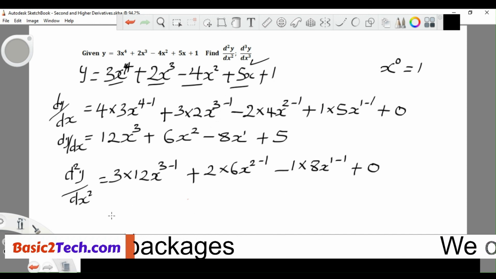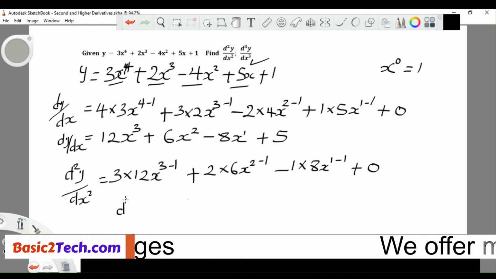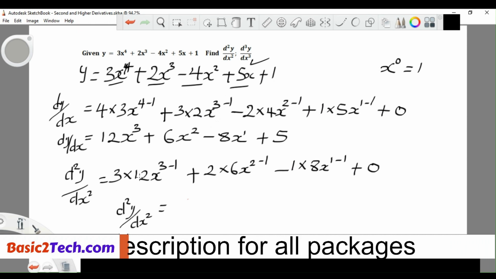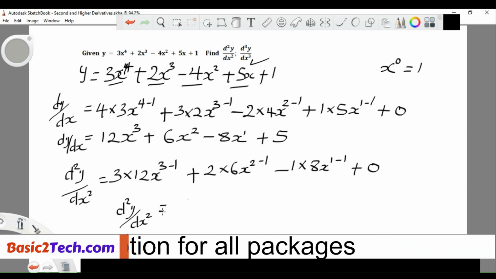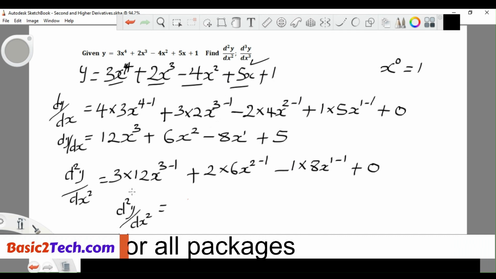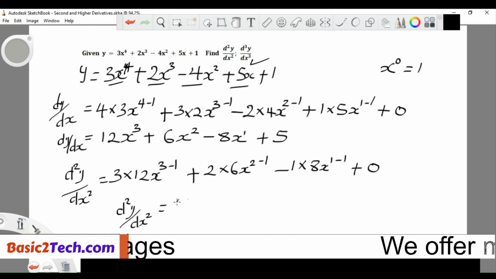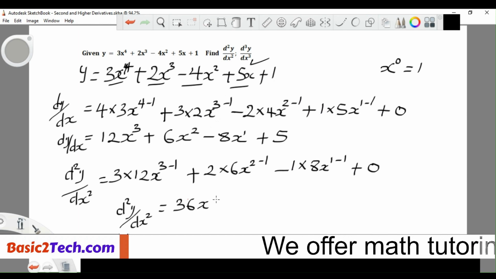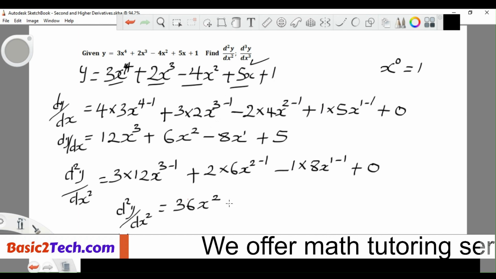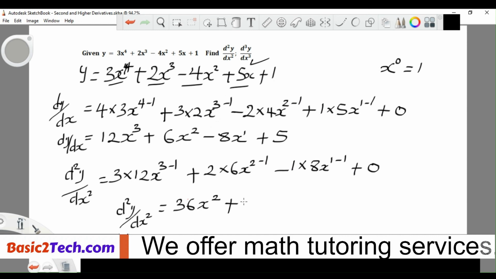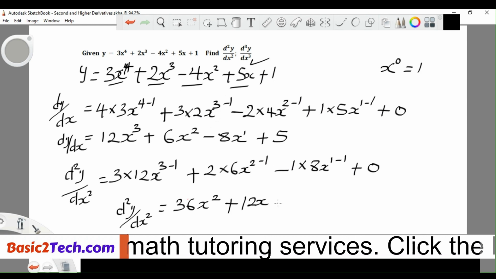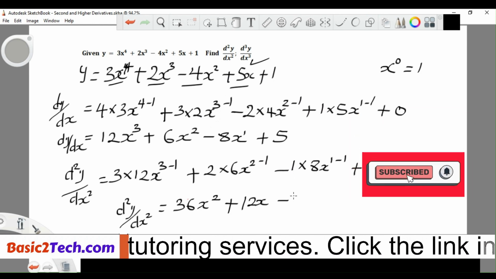So therefore, our differentiation, d squared y over dx squared, will give us 3 times 12, which is 36, x to the power 3 minus 1 is 2, plus 2 times 6 is 12, x to the power 2 minus 1 is 1, minus 1 times 8 is 8.